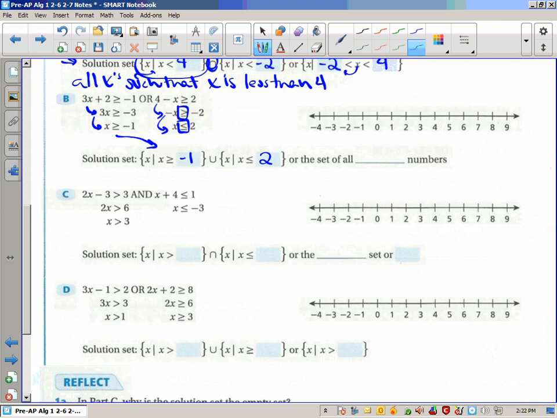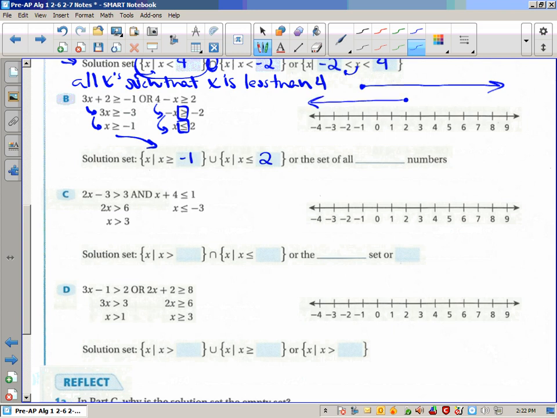So let's take a look at what this does. Let's first graph x is greater than or equal to negative 1. So if it's greater than or equal to, that means I have a filled in circle. Greater than means I'll go this way to the right. Less than or equal to 2, here is 2. And then I'm going to go this way.